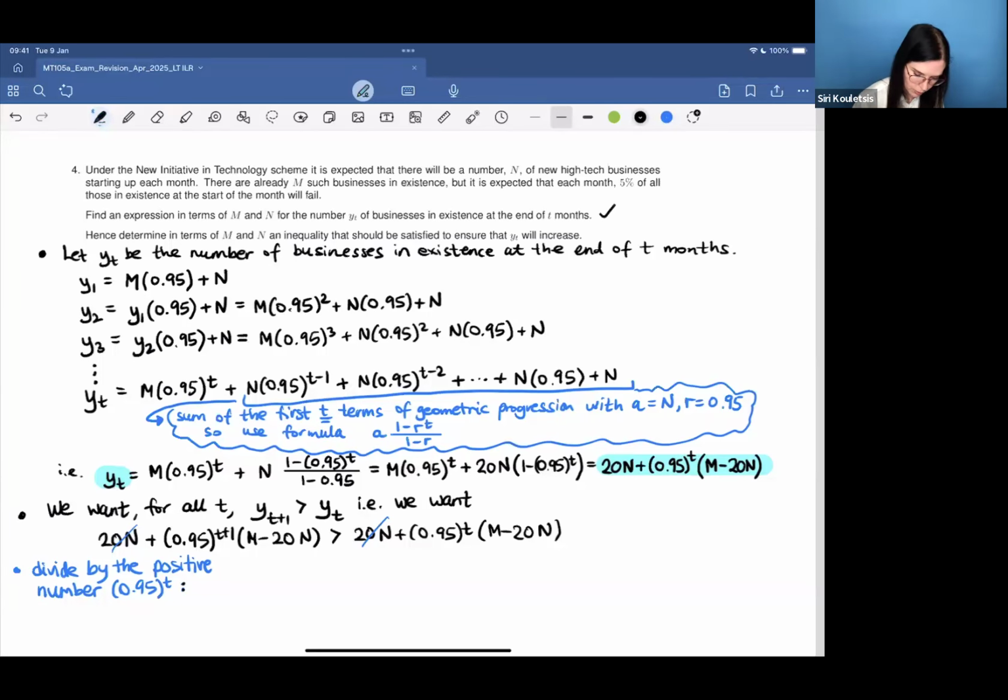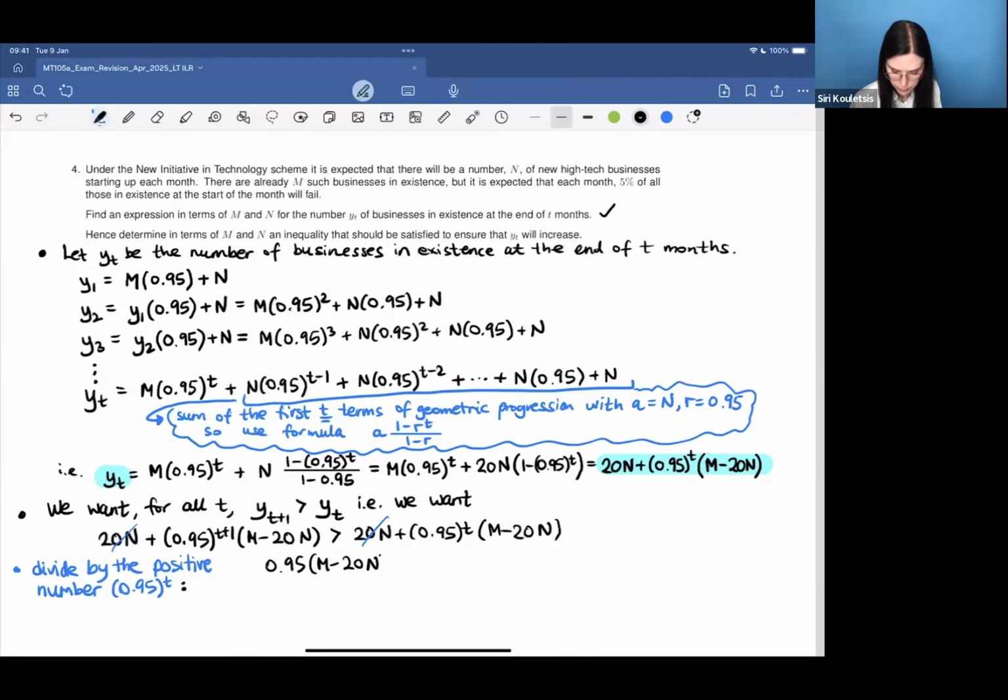Let me see what I said. I meant to say that the inequality changes direction if we multiply or divide by something negative. So the left-hand side reduces to this.